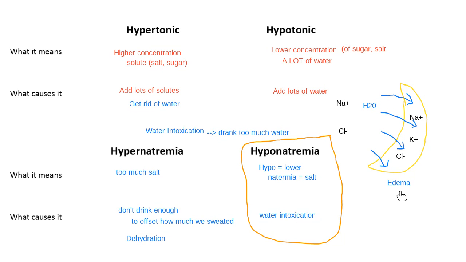There's no space for you to swell. That's why water intoxication can be fatal. If I swell up my brain cells too much, they're going to die. That's going to be a problem for me. So hyponatremia and water intoxication, you drink too much, there's not enough salt out there. If there's not enough salt out there, that water is going to rush in your cell and explode your cells. Bad news.